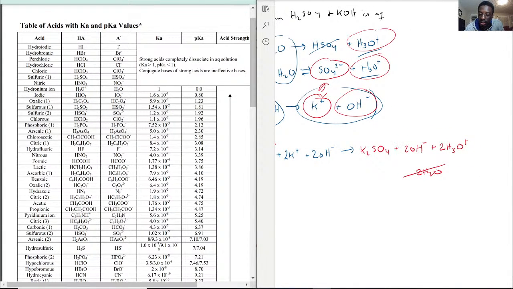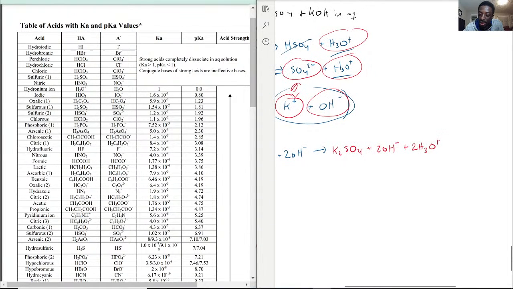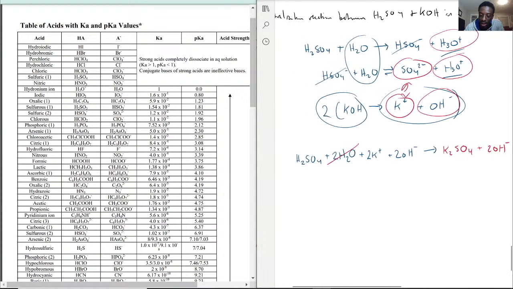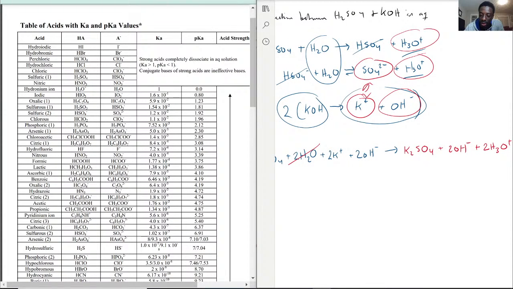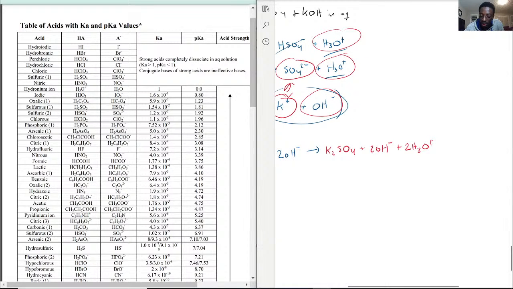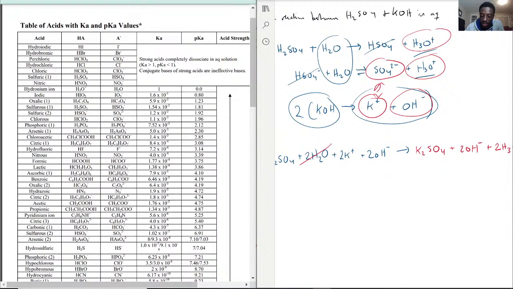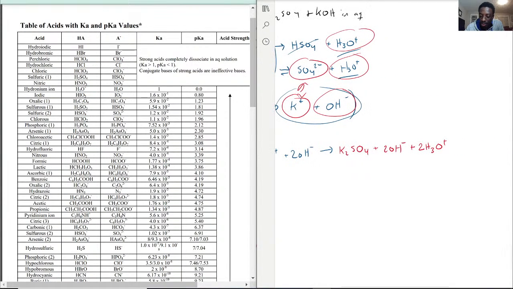So instead of this, we would actually have the 2H3O, yes, but the OH minus is still going to be there as well. And this is where the H pluses are, H3O. Oh, okay, I definitely miscounted. There we go. So we have 2H3O plus 2OH minus. So to get to H2O, 2K, 2OH. So that would be in total.